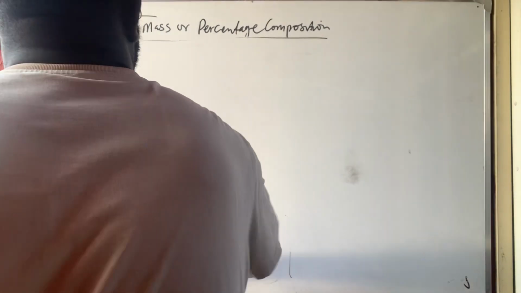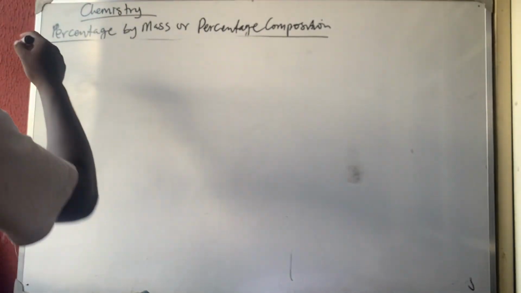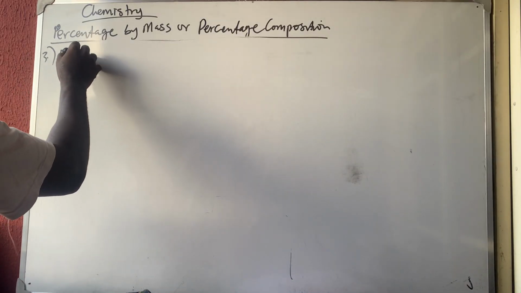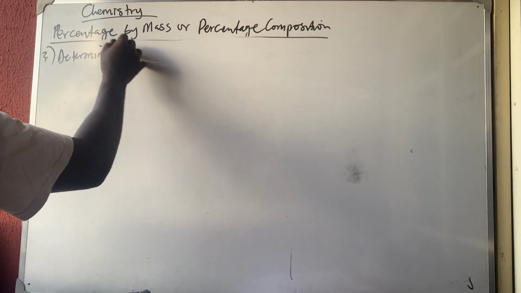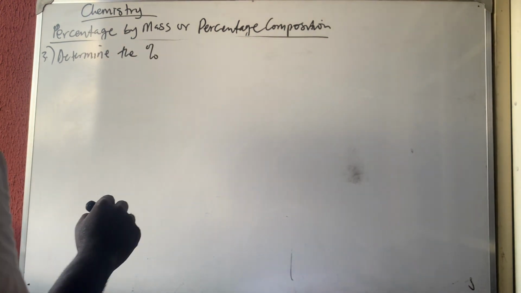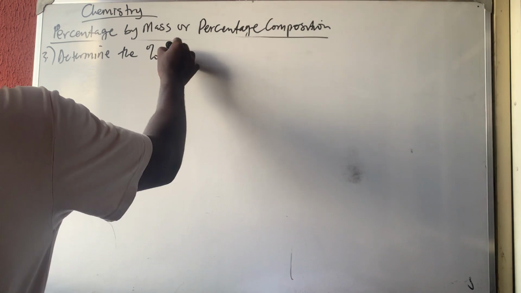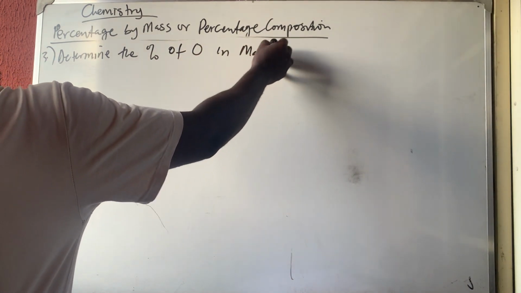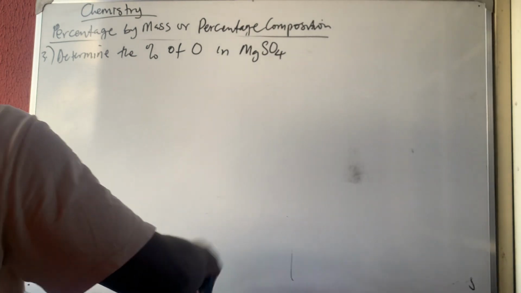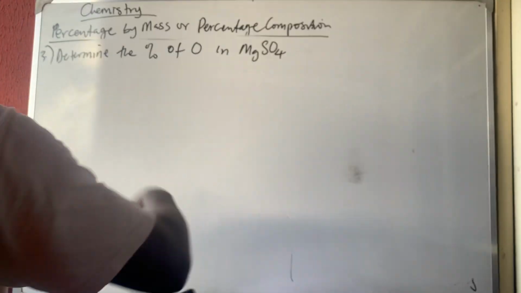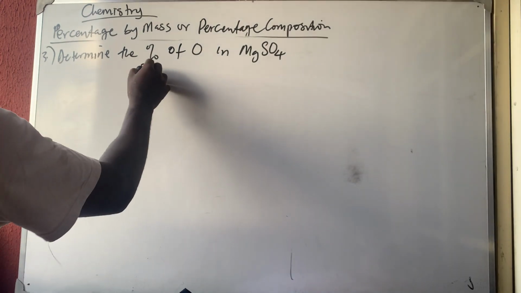The next one, question number 3, says determine the percentage of oxygen in MgSO4. It's very simple. Solution.